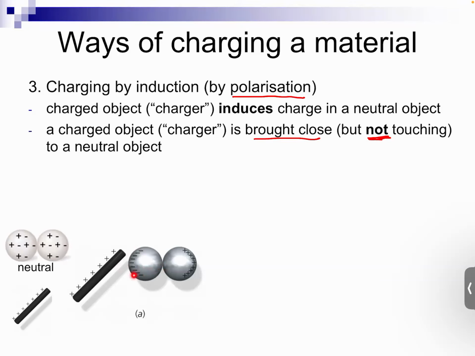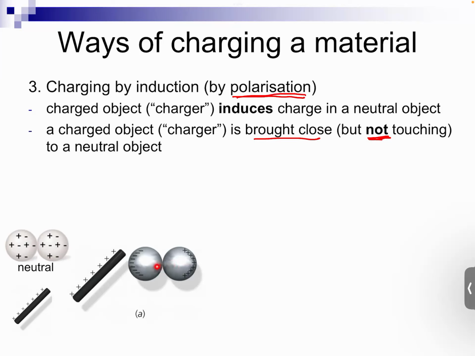But then you have this polarization property. The positive charges in the rod will attract the negative charges and repel the positive charges. So you have this separation of positive and negative charges in the neutral object. And that's why it's charging by polarization.